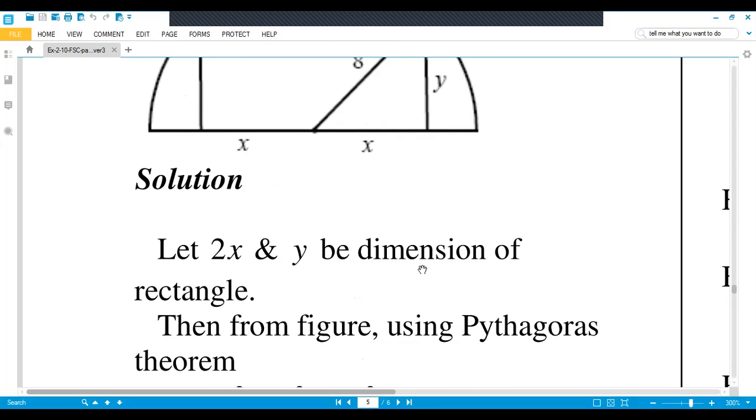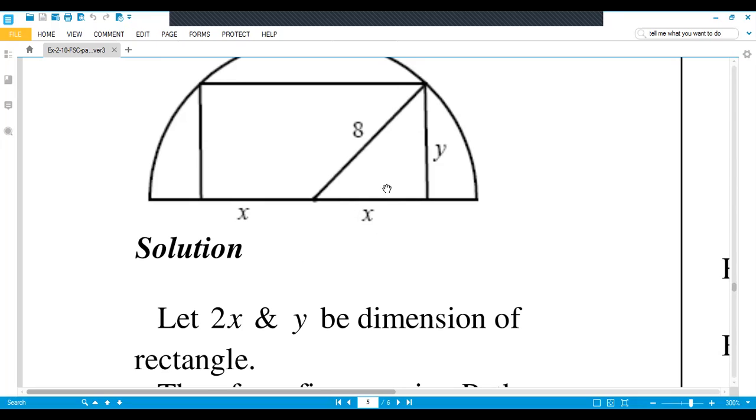So let 2x and y be the dimensions of the rectangle. Then from the figure, using the Pythagoras theorem, this is a right angle triangle, and if any side length is missing, we can use the Pythagoras theorem.